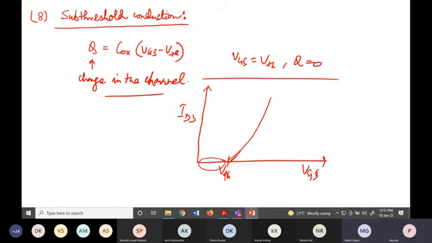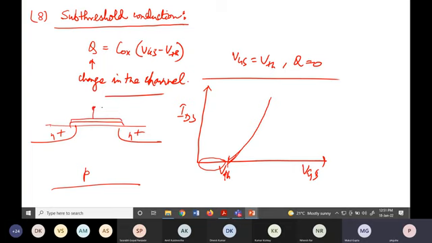Now, why will there be current? Say for an N channel MOSFET, I have a p-type substrate, and we form an inversion channel here by applying gate voltage. If we don't apply gate voltage, or the gate voltage is below VTH, we should not say there is no electron, because electron is the minority carrier in the p-type substrate.